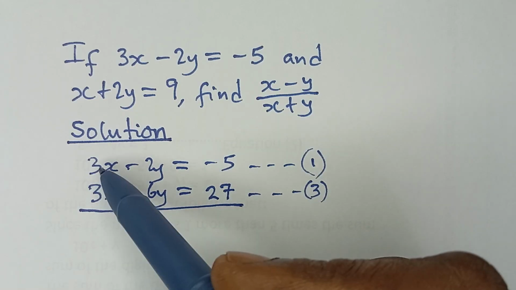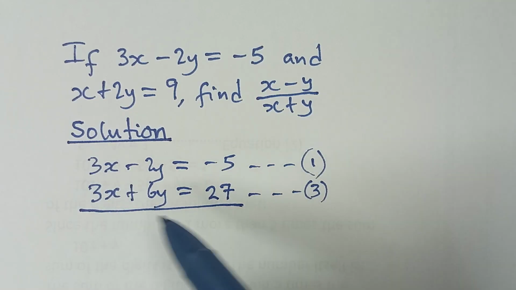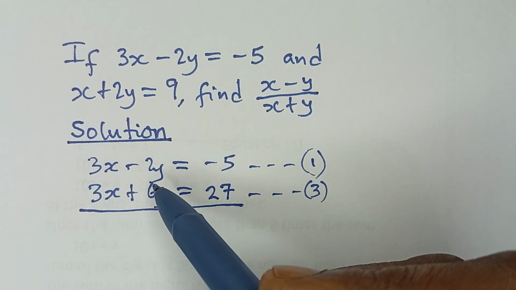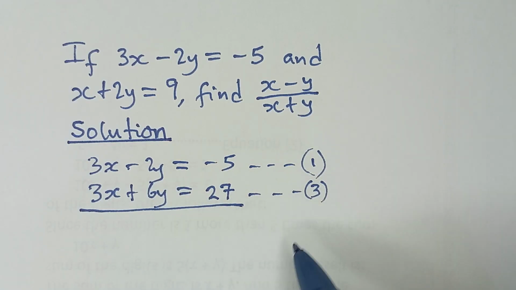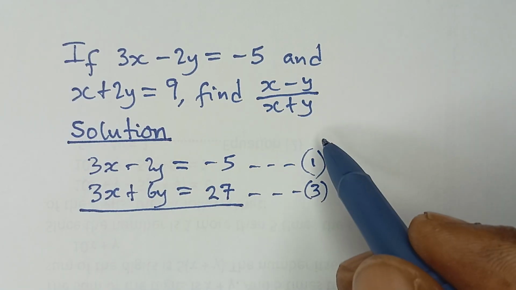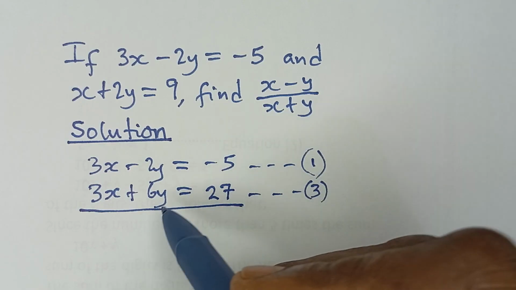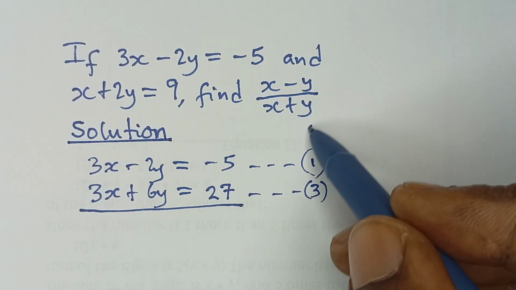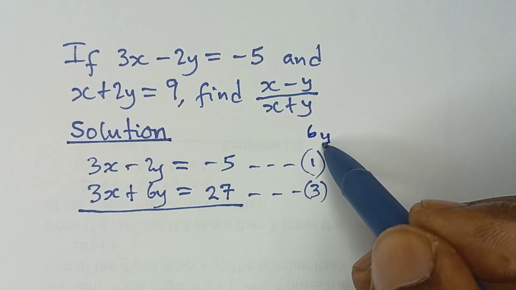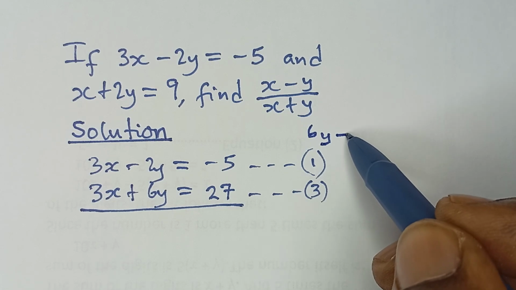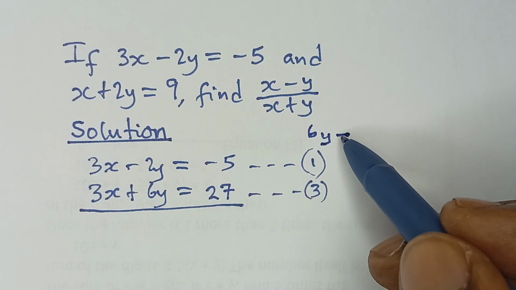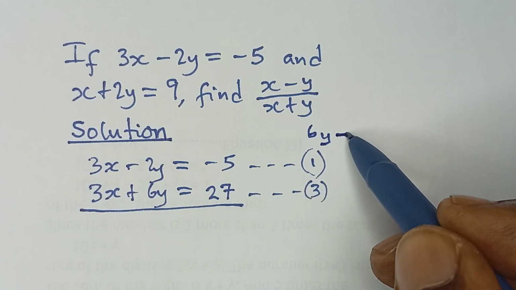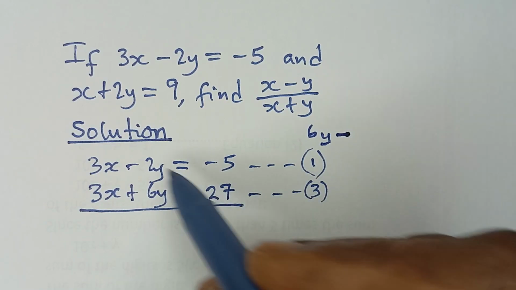So 3x minus 3x is 0. Then 6y minus -2y. Don't forget, this can be written as, let me write it for you to see there. This is 6y. Minus, that is the operation we are carrying out. Don't forget, we are subtracting equation 1 from equation 3. So this negative sign here is the operation that we are carrying out, minus. And then what do I have here?